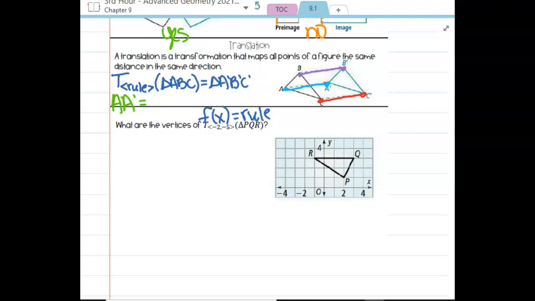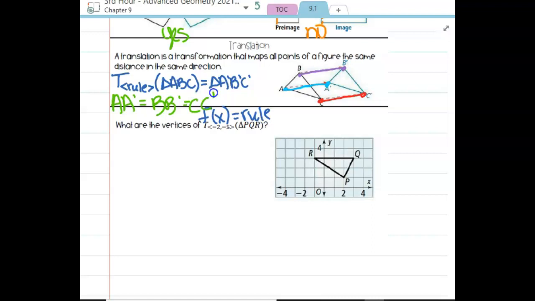So AA prime, since I don't have a line over the top, going back to all of this vocabulary notation we've been talking about all year, is the distance between A and A prime. So the distance between A and A prime is going to be the same as BB prime and the same as CC prime. It just means that these three lines that I drew here are all going to measure the same.